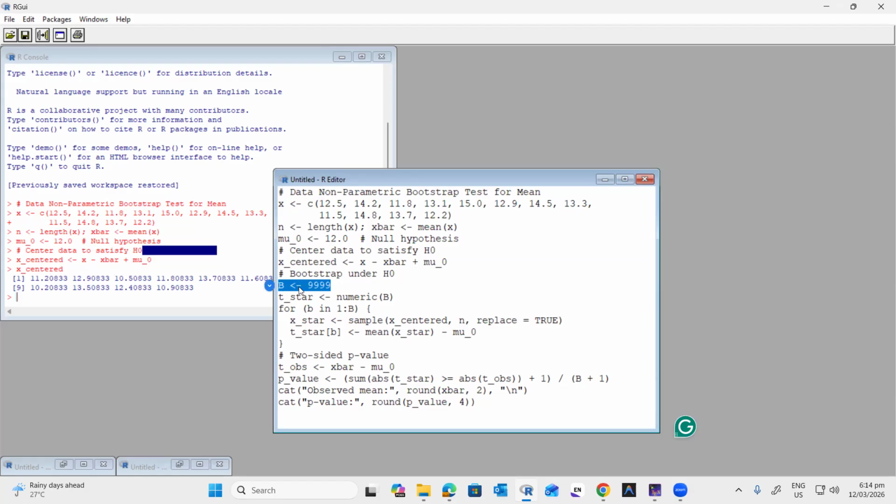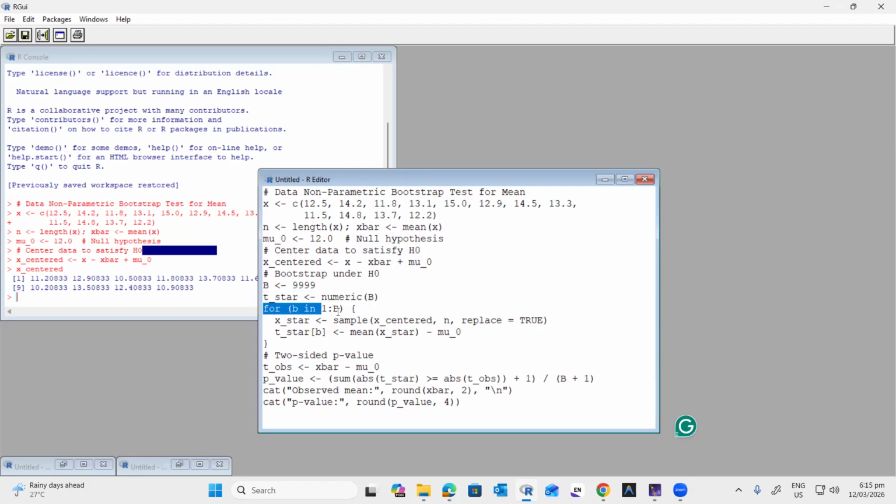And after that, we are defining T star as a null vector of length capital B that will store the bootstrap test statistics. After that, we are going to apply the for loop B number of times.